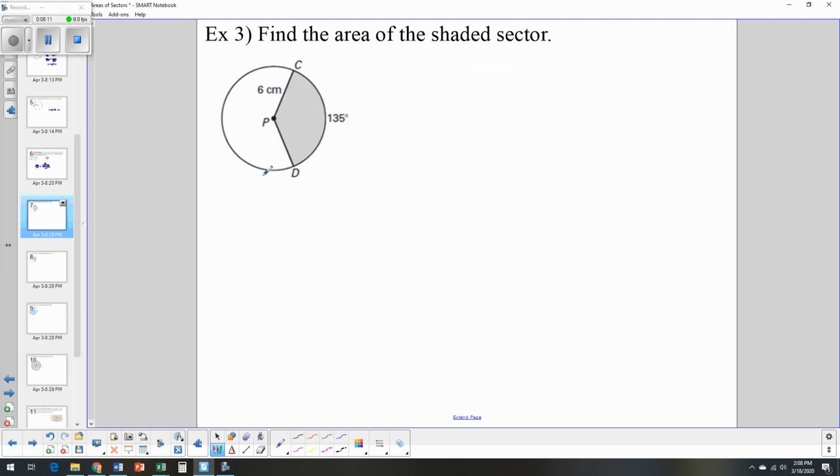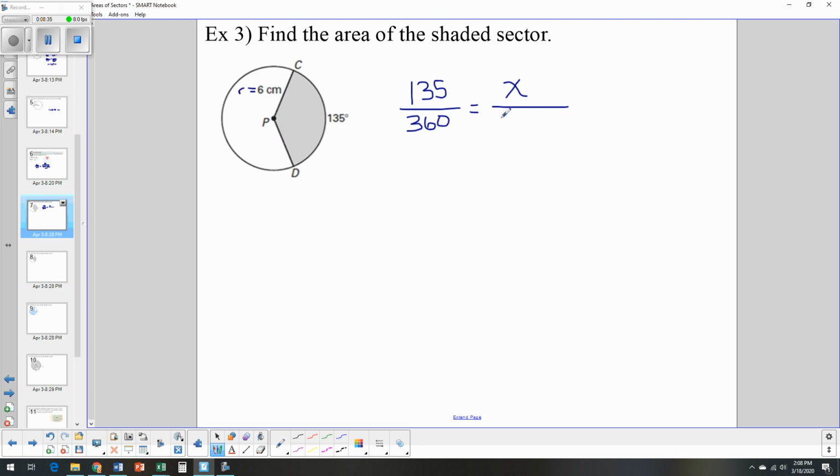So in our first example, we see that this sector has an arc measure, or degree measure, of 135 degrees. So that'll be 135 out of 360. And that's going to equal my area of the sector, x, over, and they're giving me my radius.